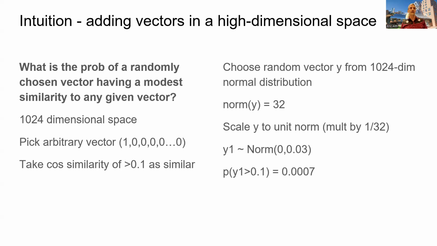It's going to be roughly 32. So on average, a randomly chosen vector is only going to interfere with that first one by about 3% of the length. And if the standard deviation is like 3% of the length, what's the probability that it crosses my threshold of being 10%? Well, it's like 3 standard deviations out. So it turns out that probability is very small.